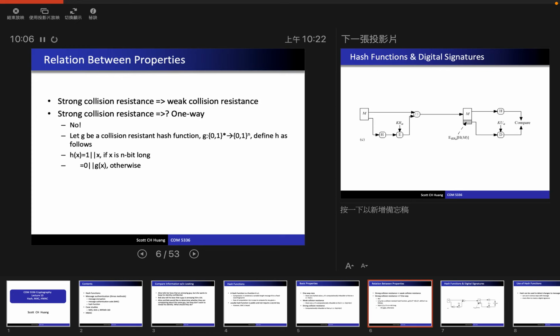However, it is not one-way because this part is reversible. Even though there's no collision, it is invertible. So this example shows us that collision resistance and one-wayness are two separate ideas. They're totally independent of each other.